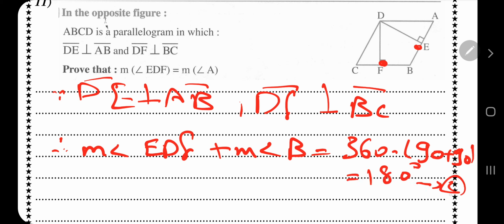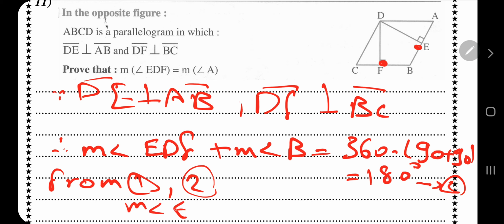This is number 2. From 1 and 2, B is common, that means measure of angle EDF equals measure of angle A.